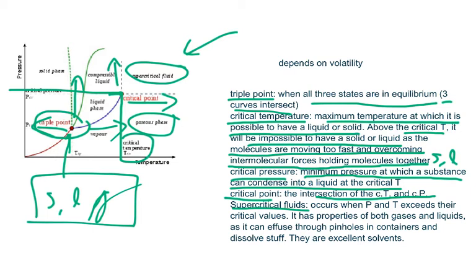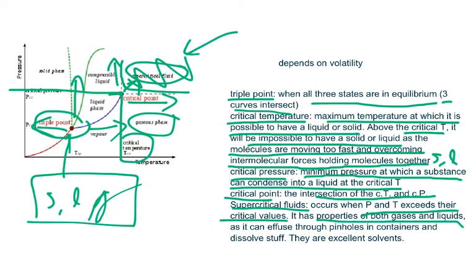And these fluids occur when the pressure and temperature exceed their critical values, which is why when you're beyond the critical temperature and pressure, you get this really cool region that looks like a box. And supercritical fluids have properties of both liquids and gases.